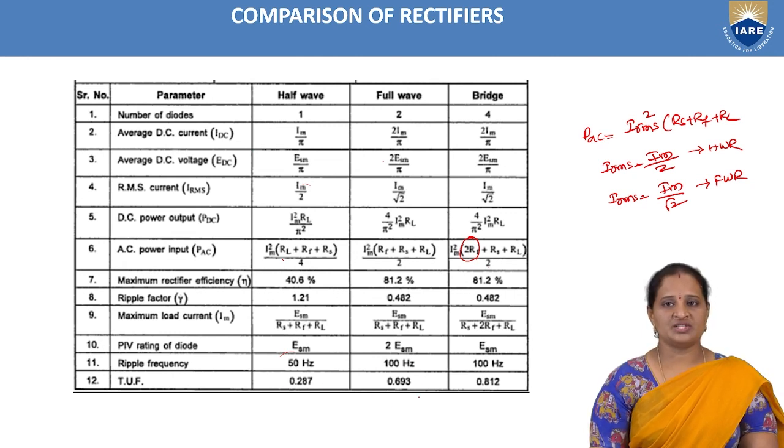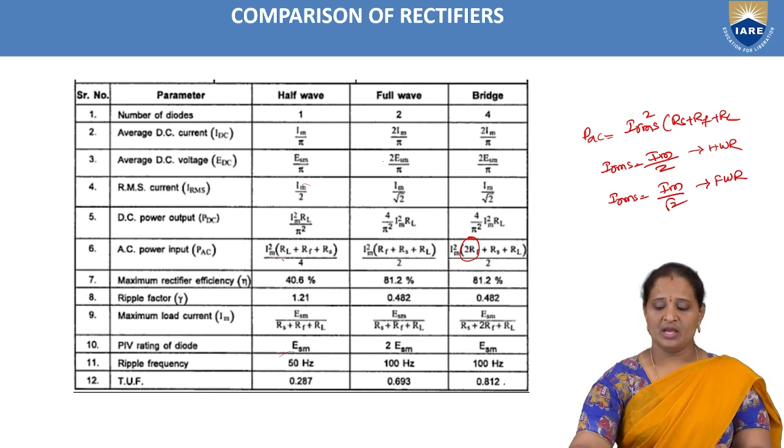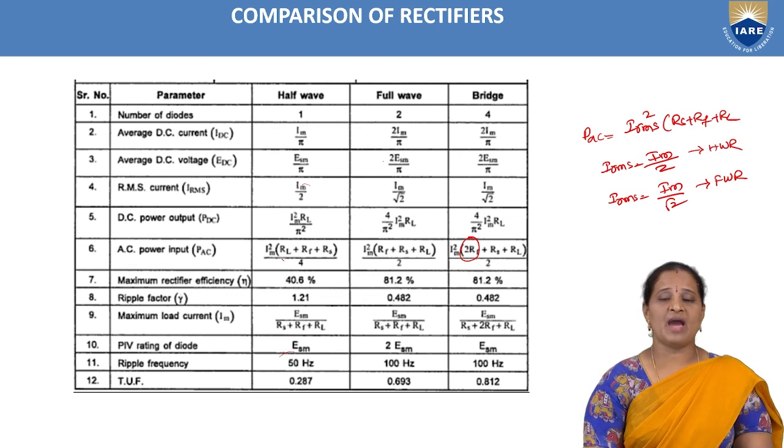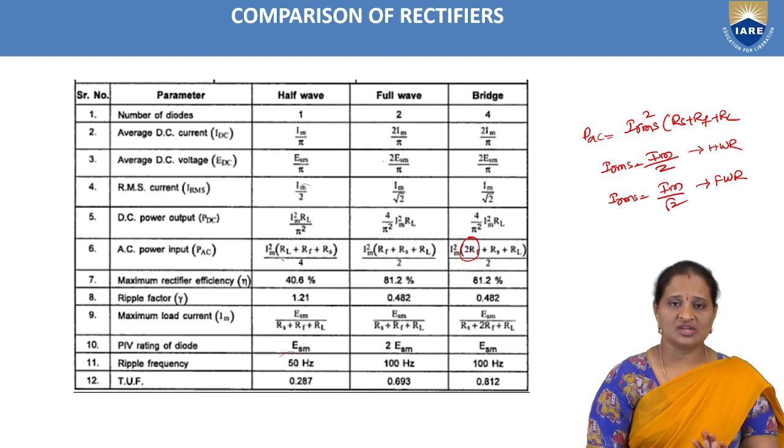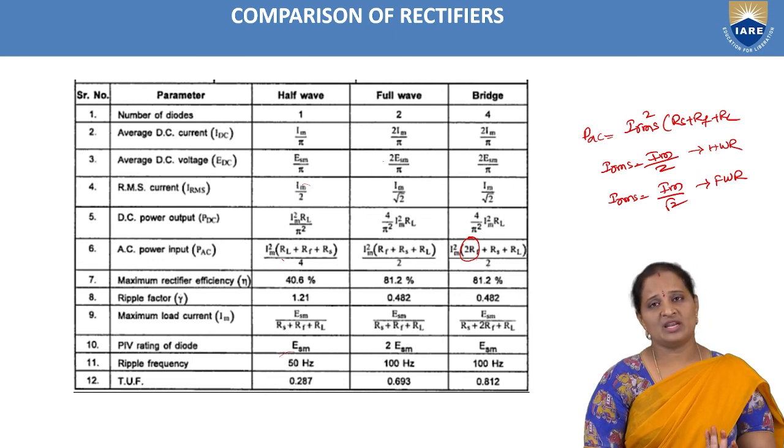In case of center tap full wave rectifier, it is somewhat larger, that is 0.693. And it is improved further in bridge rectifier, which is 0.812. So this is about the comparison of rectifiers based on the construction and also the mathematical analysis.